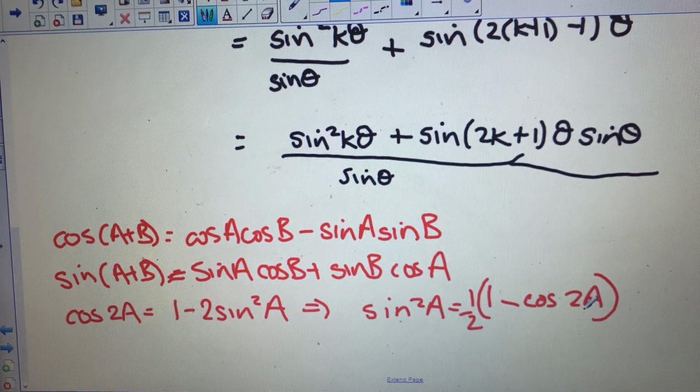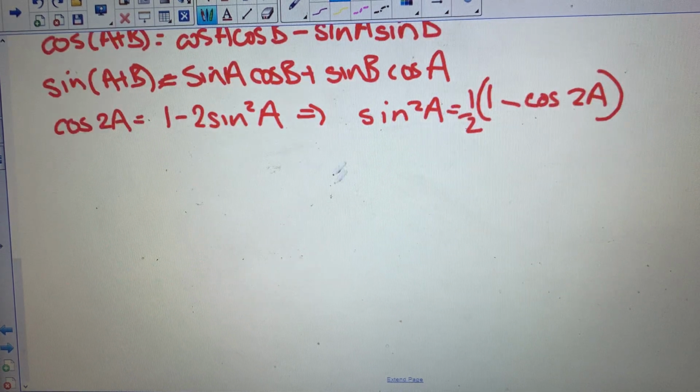Now, I'm going to extend my ideas with those identities. With those identities, I know also that sine 2 theta is 2 sine theta cos theta.